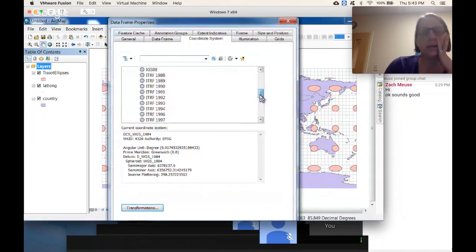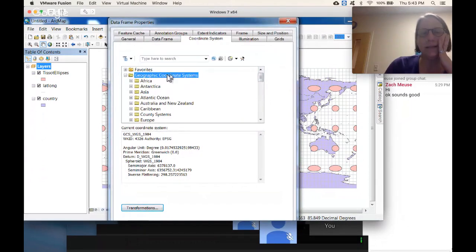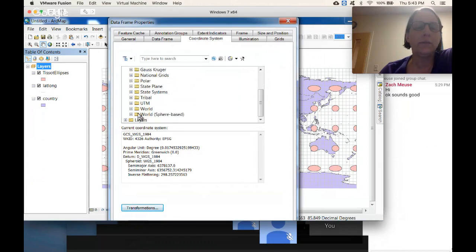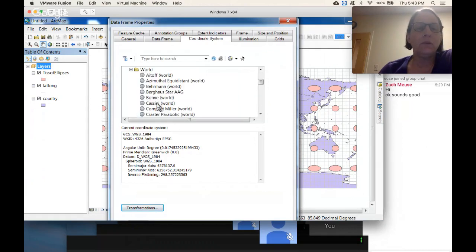And I'm going to scroll all the way up here. We're going to finally explain the difference between a geographic and a projected coordinate system over the next couple classes. But for right now, let's collapse geographic and expand projected coordinate systems, and then world.